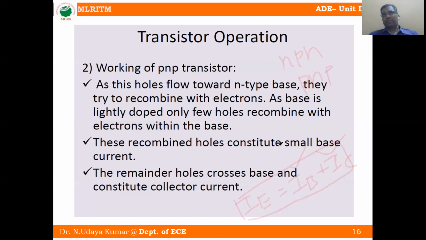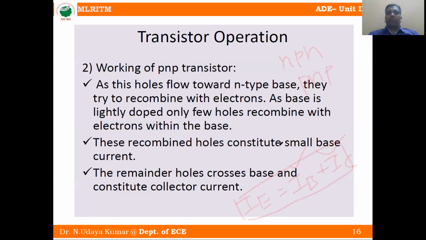First junction reverse bias and second junction forward bias: third combination. The fourth combination is the first junction reverse bias and the second junction reverse bias. So four combinations are available, and because of these, the transistor is operated in four different modes. We will see that later.